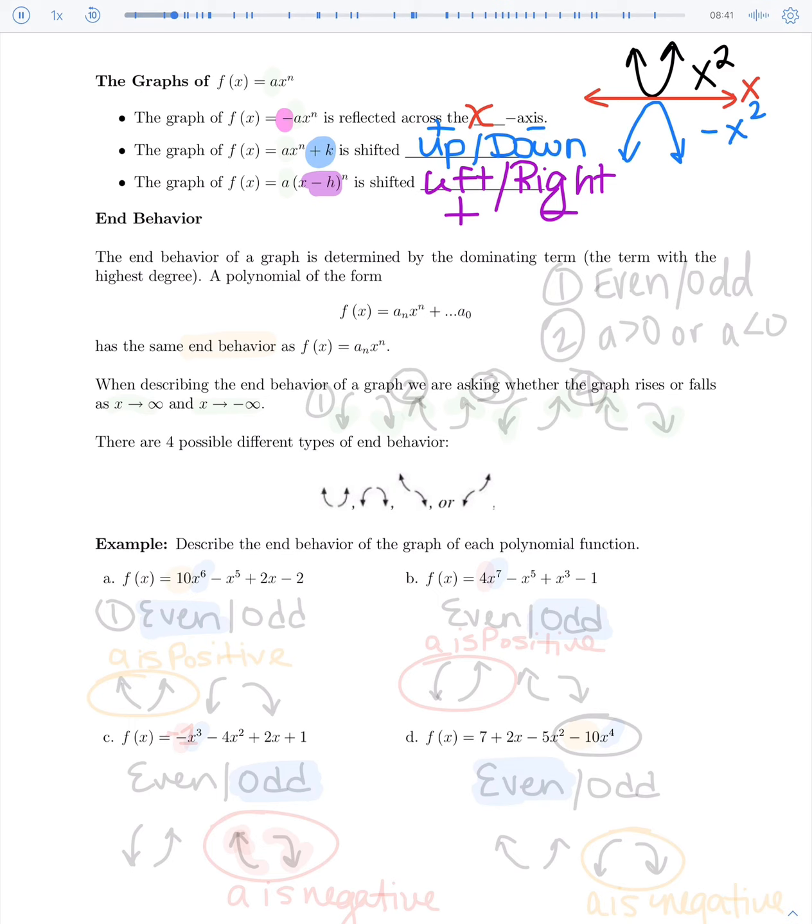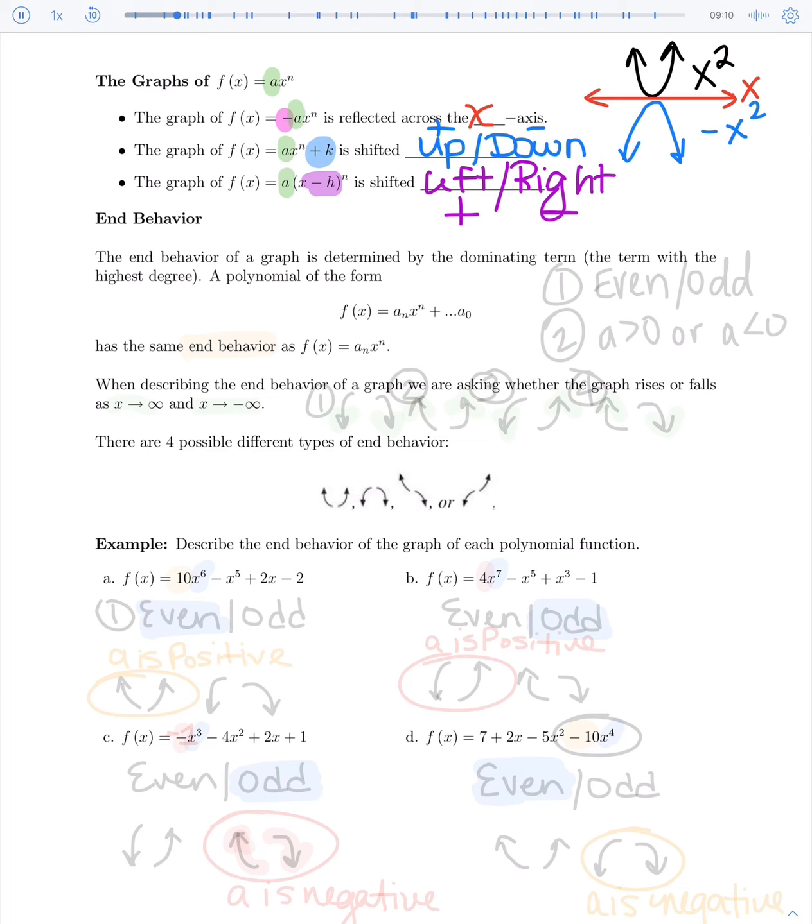Nothing new. And then we'll talk about this in more detail later, but remember that A out in front is going to determine our stretch, and it's also going to help us determine what our end behavior is doing based on if it's positive or if it's negative. So we're worried about two things: whether or not that A is positive or negative, and whether or not you have an even or an odd.